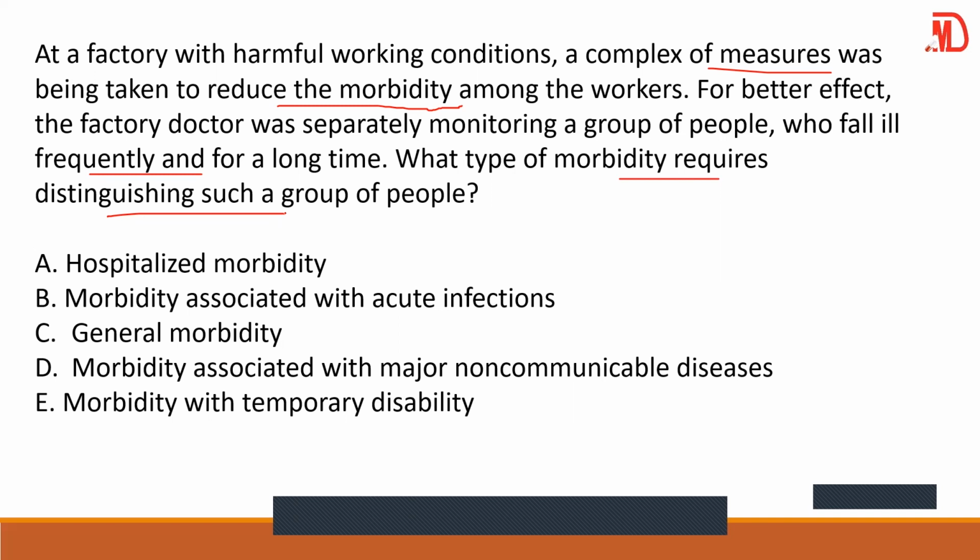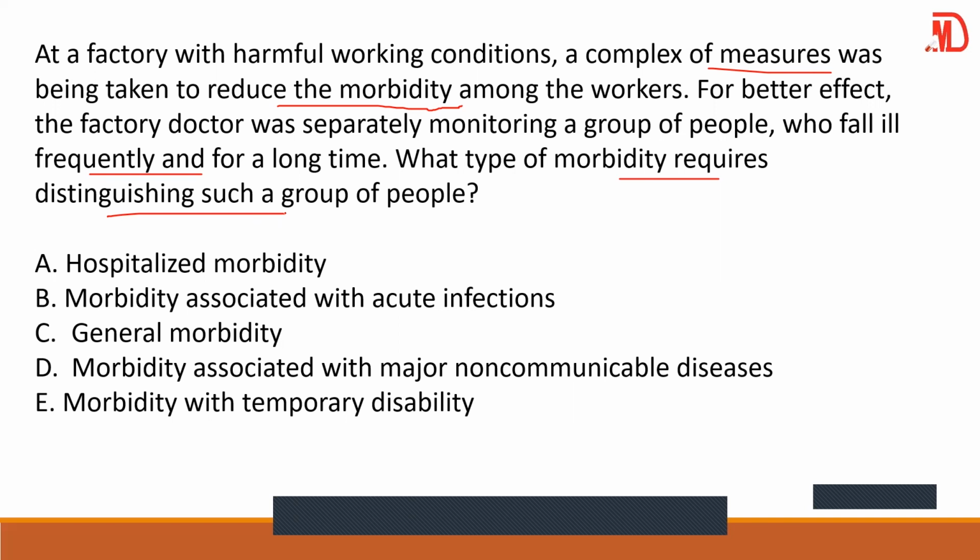People with long-term disabilities can't work for a very long time at the workplace, and your productivity at the factory will be reduced. You don't want people who fall ill like 5 times in a year. They'll be taking sick leave every now and then, and you don't want that happening to your workers.